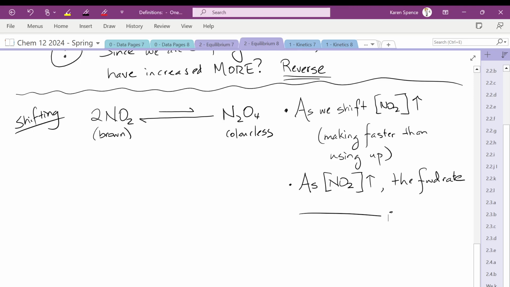As the concentration of NO2 increases, will the forward rate increase with the increase? I think it increases because of more of it. Yeah. So we've got more reactant particles, yes? What will happen to the forward rate? The forward rate will increase because the more particles you have, the more collisions you have, the faster the rate will get. So as NO2 concentration increases, the forward rate increases.